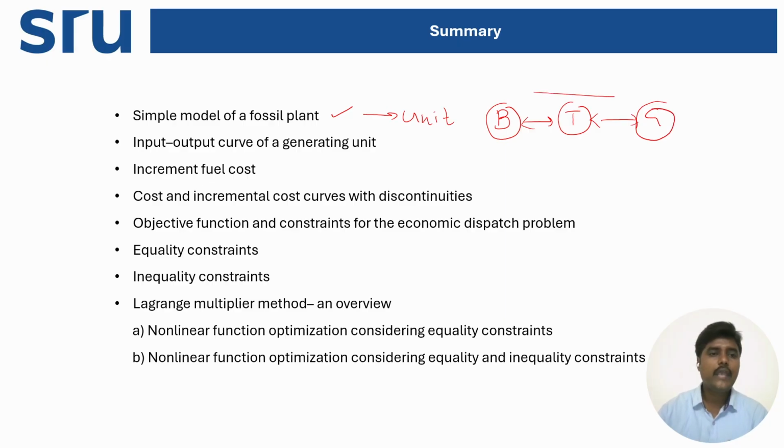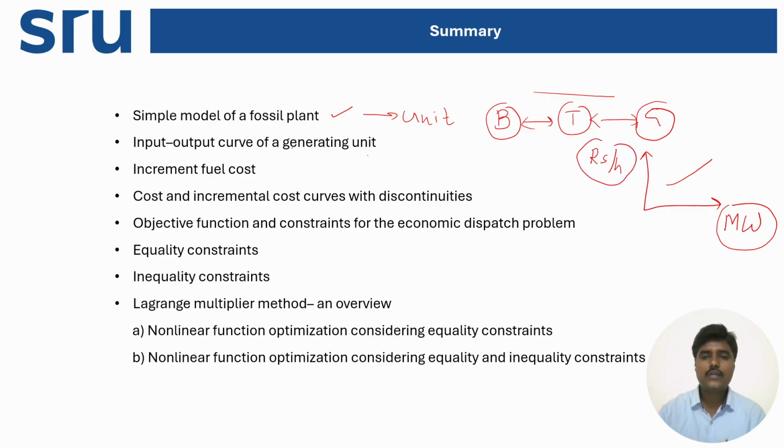Then we have seen the input-output curve of a generating unit, where we take power output on the x-axis and the fuel cost, in rupees per hour, on the y-axis. As long as you want to generate more power, you have to increase the fuel cost also. That's why the curve is increasing like this.